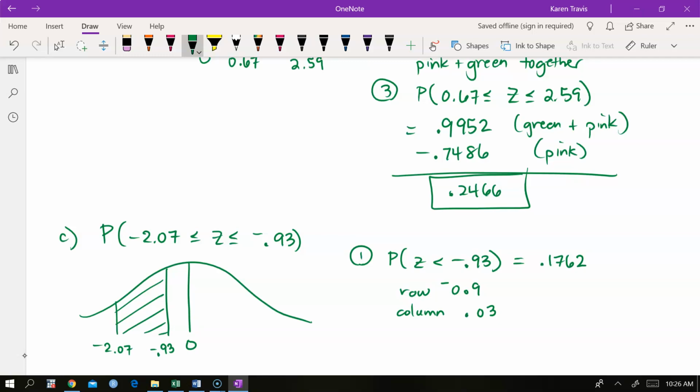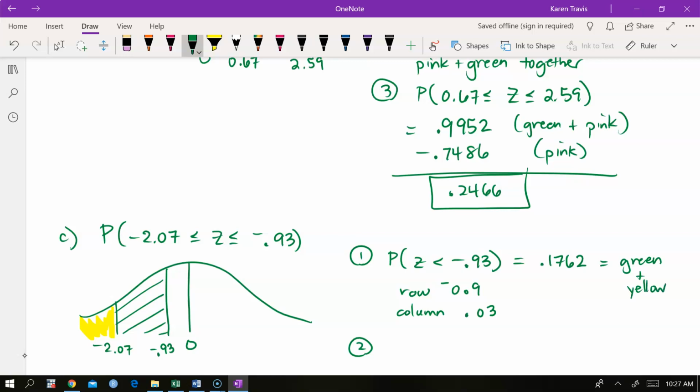And as I go, I just keep double checking everything. And then let's think about what area this is though. This is the green with some yellow because a left tail is everything. So I'm going to write here, that's the chance of green and the yellow.